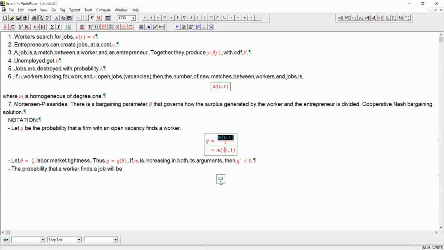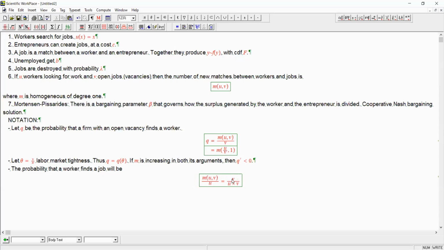It will be the total number of matches divided by U, the number of unemployed people, which again is going to equal the following: multiply top and bottom by V, and of course this divided by V is just this.